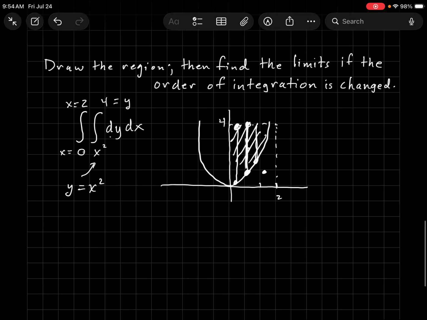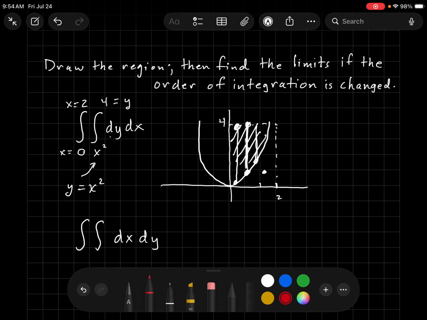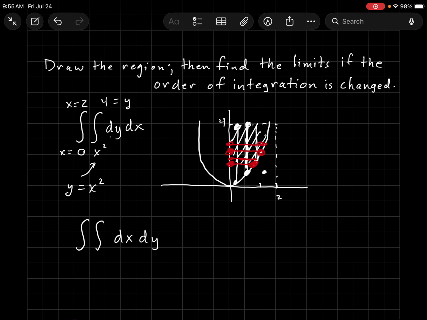Do you think you can find the limits if we change the order of integration? What if we do dx dy? Well, x first says we're going to fix a y value. And then go x to x. Fix a y value, x to x, etc., etc. So what is my lower x value?